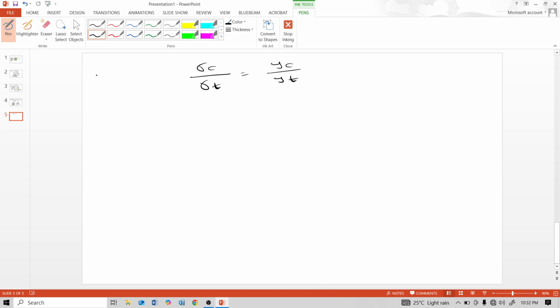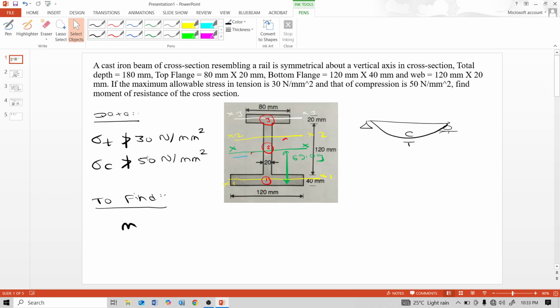And this step is the check for stress. How do we do this check for stress? We first consider the sigma t value, as in the numerical they have given the maximum sigma t value of 30 Newton per mm square.